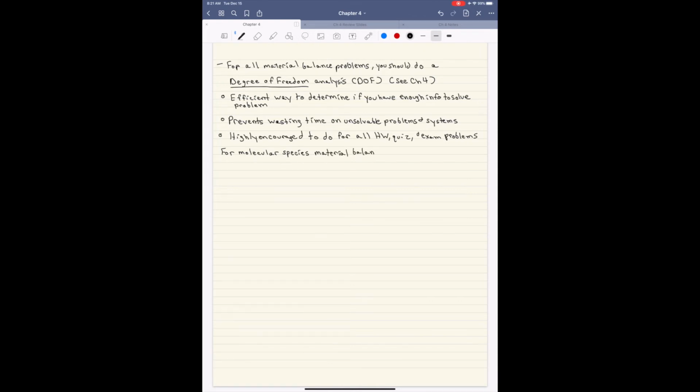All right? And so for these types of material balance, you could calculate your degrees of freedom by identifying the following pieces of information. Okay? So the first thing you want to do is you want to determine your number of unknown variables. Okay? Then, with that number, you then add on to it the number of independent reactions that you have.